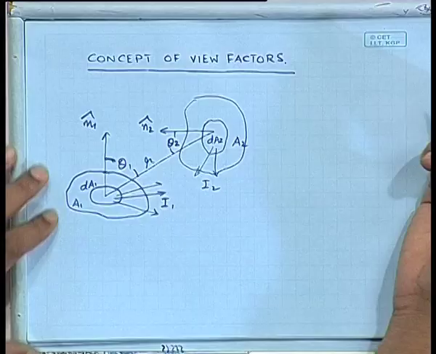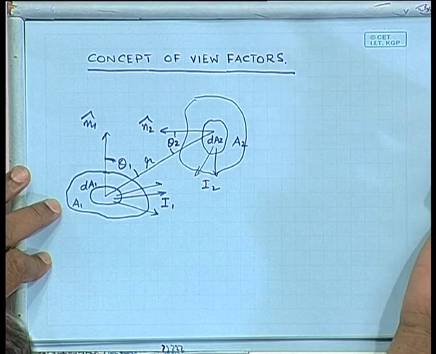Because we are discounting the fact that there may be other surfaces in the surroundings that may reflect part of the radiation coming from surface 1 and direct it to surface 2. So, we are not going to include that indirect radiation. We restrict ourselves only to direct radiation. The view factor concept is straightforward. Its value is obviously going to be less than or equal to 1.